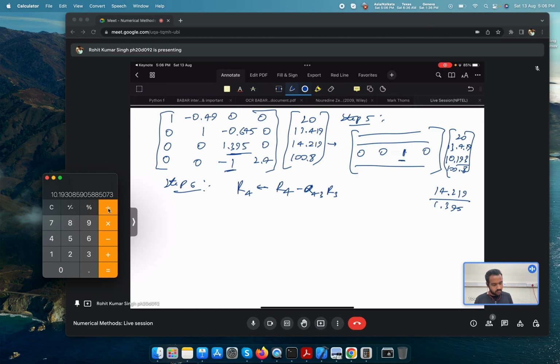Because you already have 1 here, and minus 1 plus 1 will be just 0. And for the element in the fourth column, you have 2.4 minus of A43, which is just minus 1, times R3, which is 1.395. Okay, what is it? Sorry, not 0.